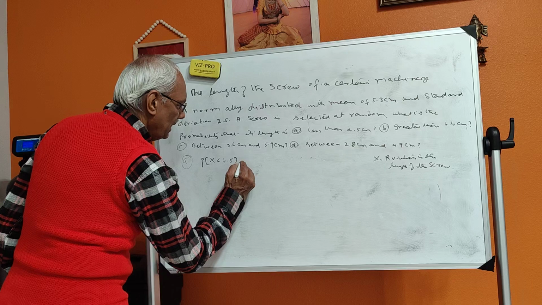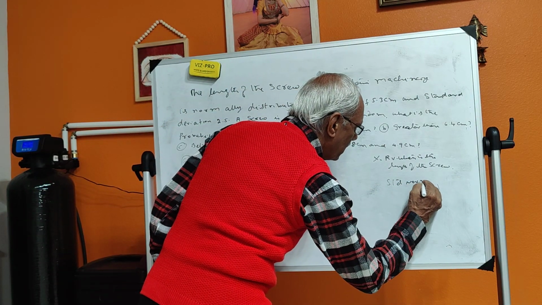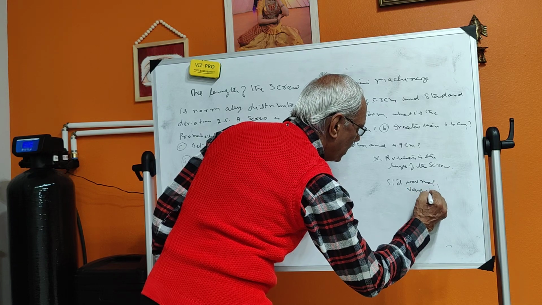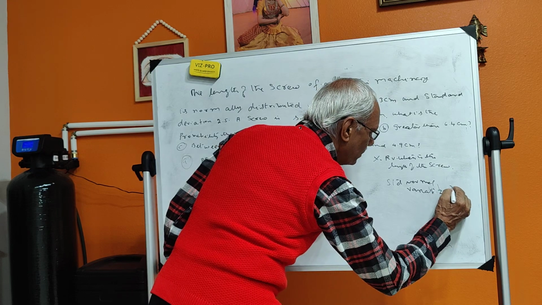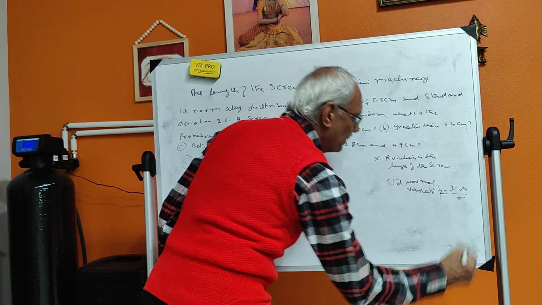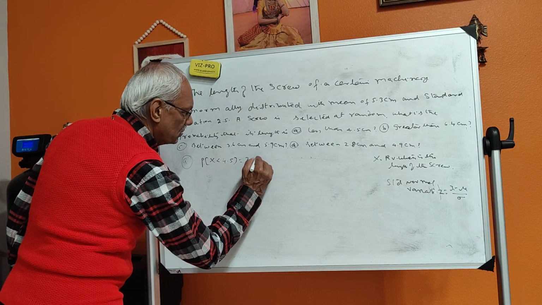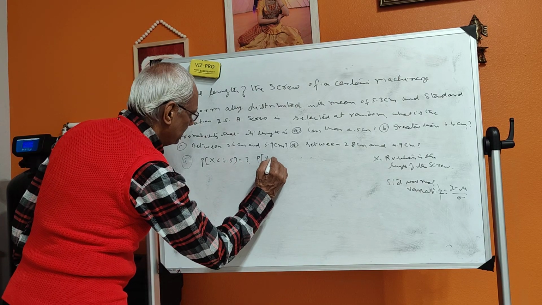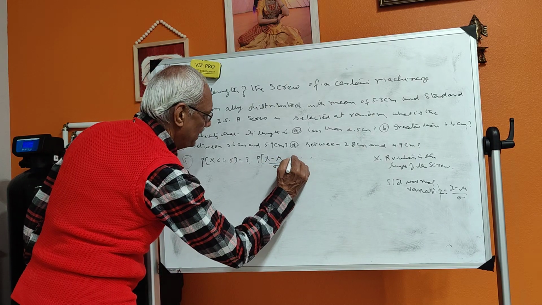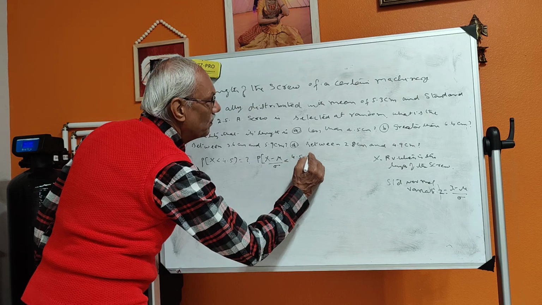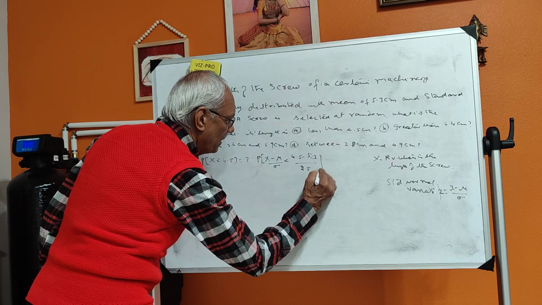So this is nothing but the standard normal variate Z is equal to x minus mu by sigma. So P of (x minus mu) divided by sigma is less than (4.5 minus 5.3) divided by 2.5.